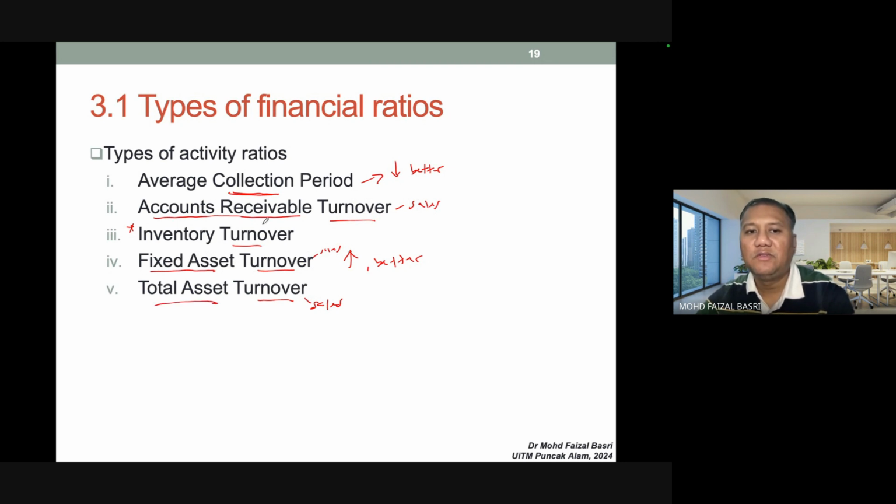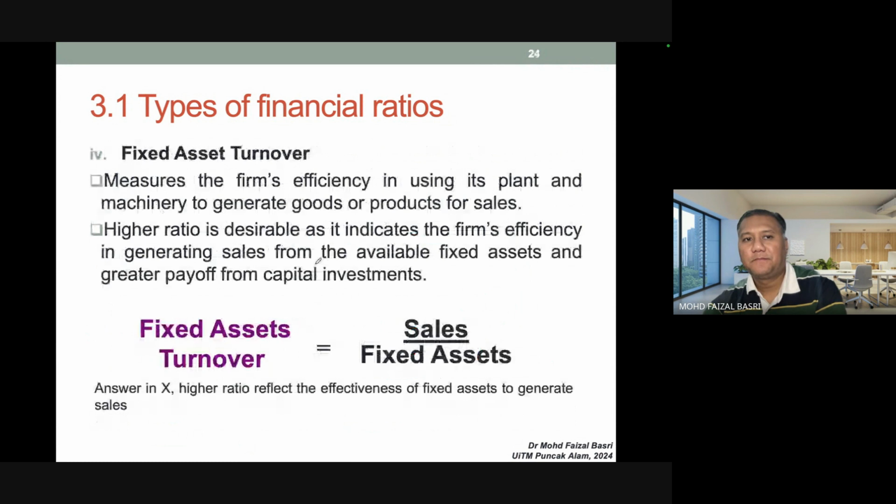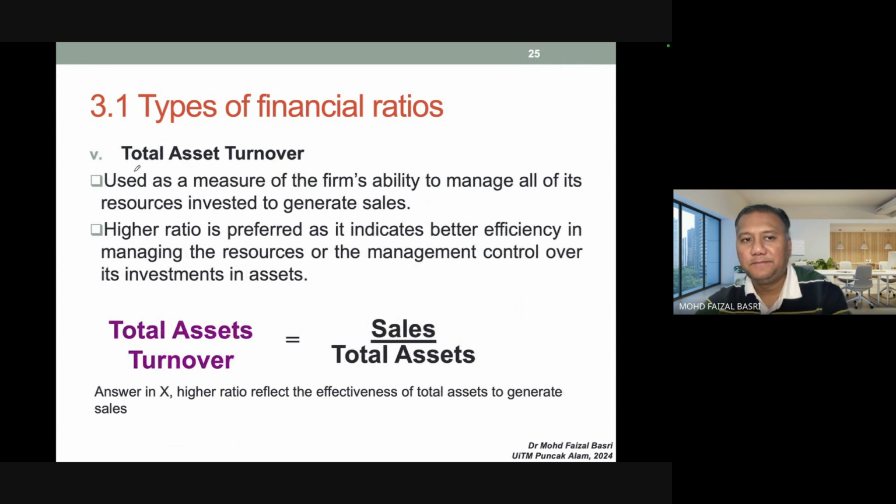Cuma untuk inventory turnover ni je kita guna cost of goods sold bahagi dengan inventory. That's why I letak asterisk kat sini lah to indicate the difference. Untuk yang lain, fixed asset turnover sales bagi fixed asset, and total assets is sales bagi total asset.